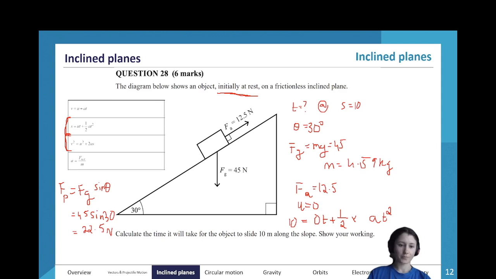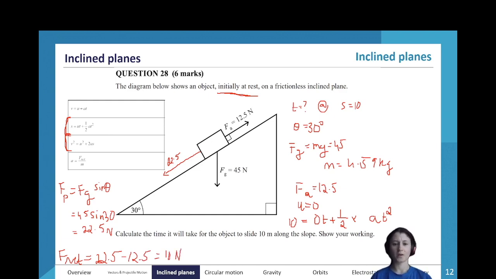So, the net force will just be 22.5 minus 12.5, which gives us an answer of 10 newtons.